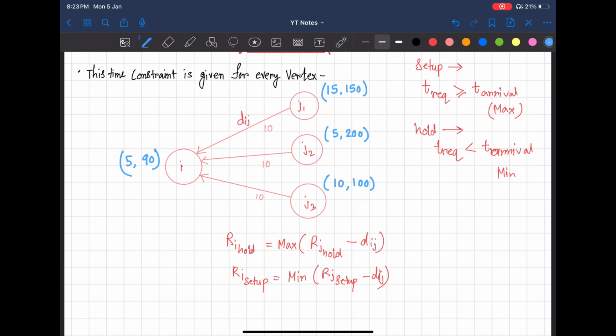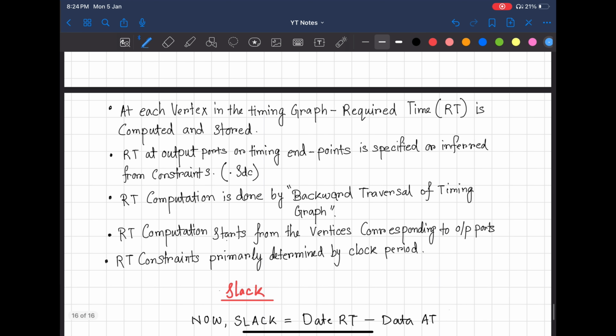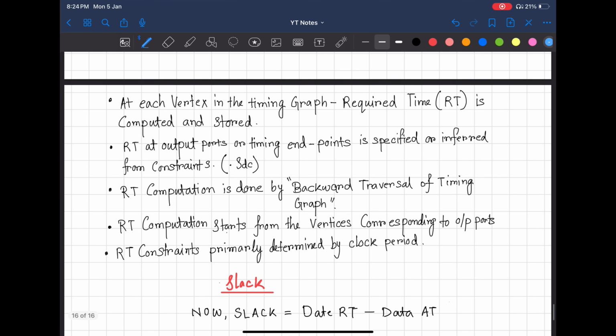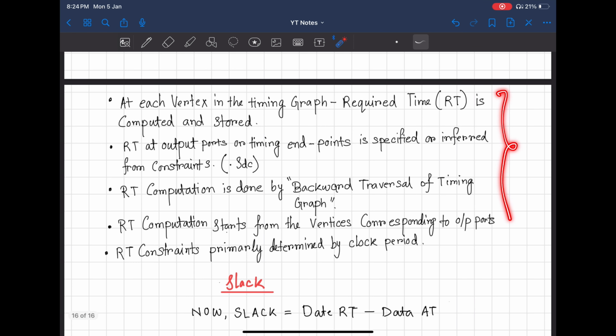So till now I think you understand the arrival time computation and required time computation. Before going further, there is a simple concept I noted down, which is simple to read. This one I already discussed.